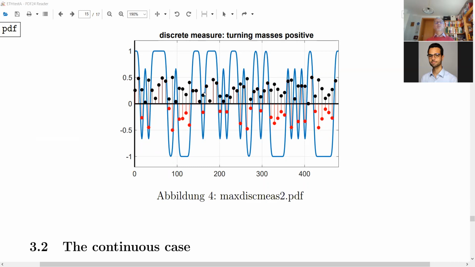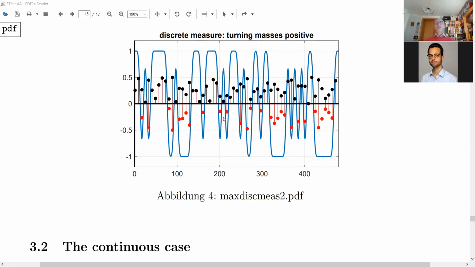Maybe in this area before 200, at 180, take one of these values, one of the maximal values, it was plus 1/2, multiplied with constant 1 is doing this. So the black one is overwriting the red one, and I don't see any change. On the other hand, if you look at the red positions below the zero level, you see they are reflected. So from a negative value you get a positive value, which is exactly what you do when you go from ck negative to the absolute value of ck.